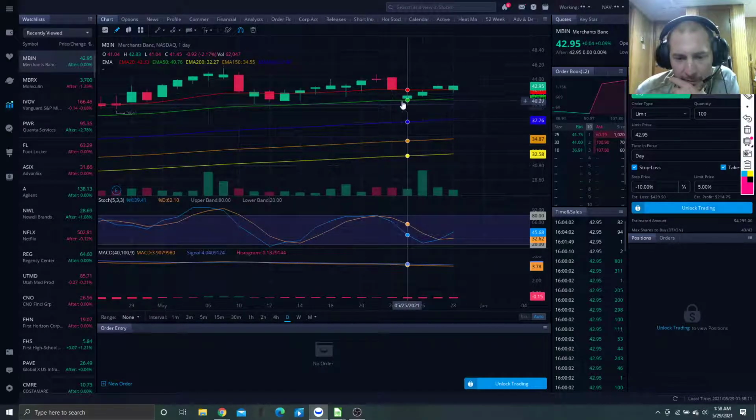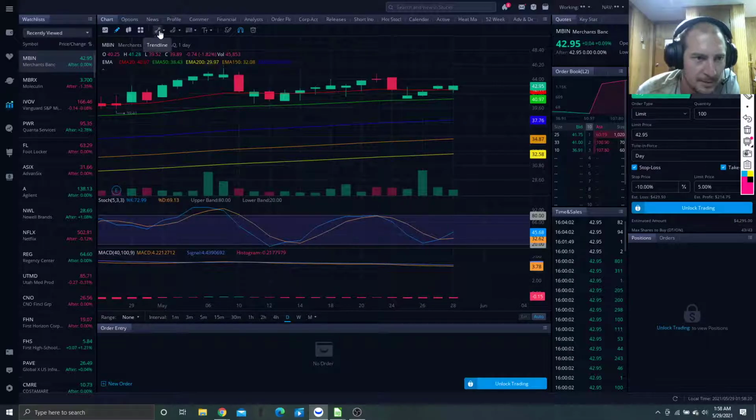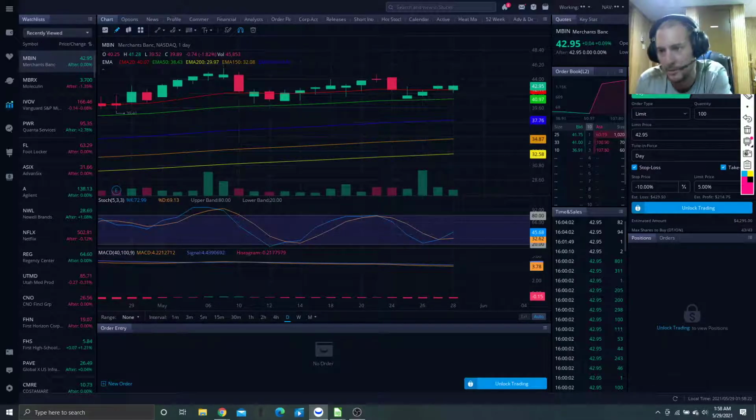We've got our 50-day average. Stochastics below 30. MACD's not bearish. This is a trade that you could possibly take, right? See, here's one candle, and then here you get a decent confirmation candle.